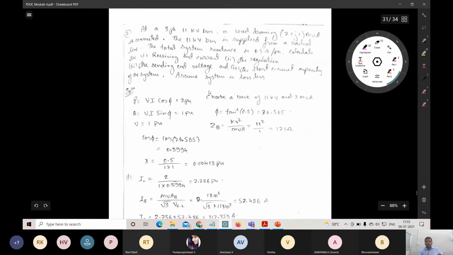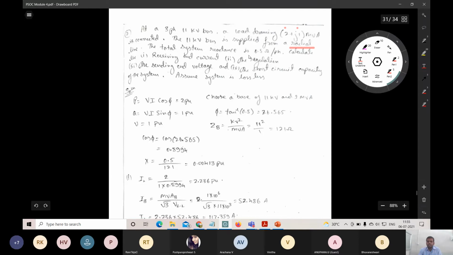So the next thing is a 3-phase 11 kV bus bar, a 3-phase 11 kV bus, with a load drawing Z, R plus JX. This is R, this is X, and the 11 kV bus is supplied from a radial line. So this is a kind of distribution system. We have different distribution systems, and radial type is one among them.